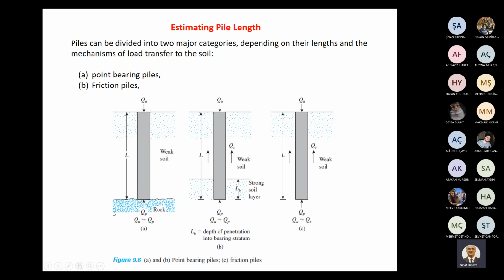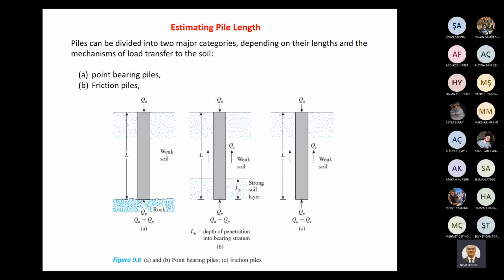For example, when we have a strong layer, such as strong rock or dense, stiff soil, almost all of the capacity of this pile comes from end bearing. And frictional resistance is almost zero.